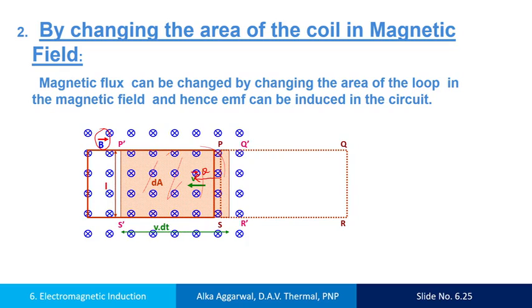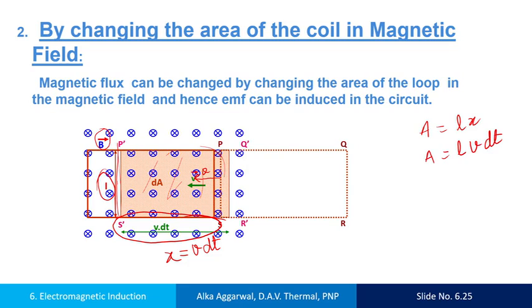Now let this length P'S' be L, and this length be, say, X. As the loop is taken with a velocity v for the time dt, X is equal to v into dt. So the area is equal to L into X, which can be written as L into v into dt.